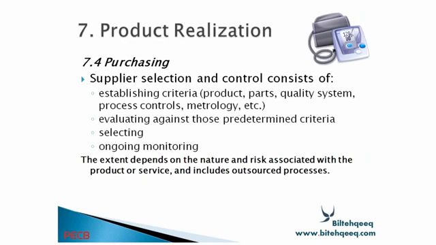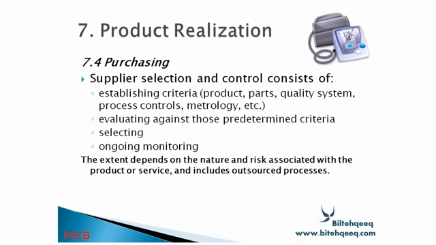The next clause is related to purchasing. It is the same as ISO 9000. Even the clause number is the same, 7.4. Purchasing, supplier selection and control consists of establishing criteria, product parts, quality, system process control, methodology, etc., evaluating against those predetermined criteria, selecting, and ongoing monitoring.